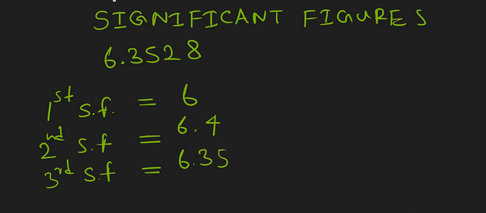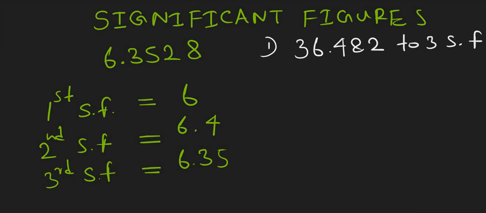Look at these examples. Example number 1, 36.482 to third significant figures. To write this number in its third significant form, I have to consider 4 numbers. The fourth number is 8, therefore I can say 36.482 in its third significant form is 36.5.